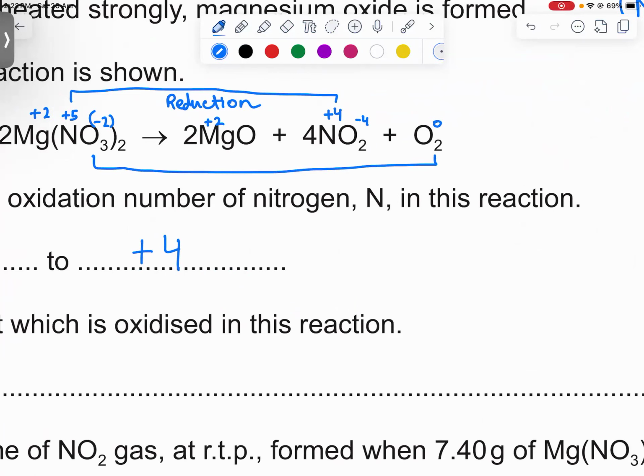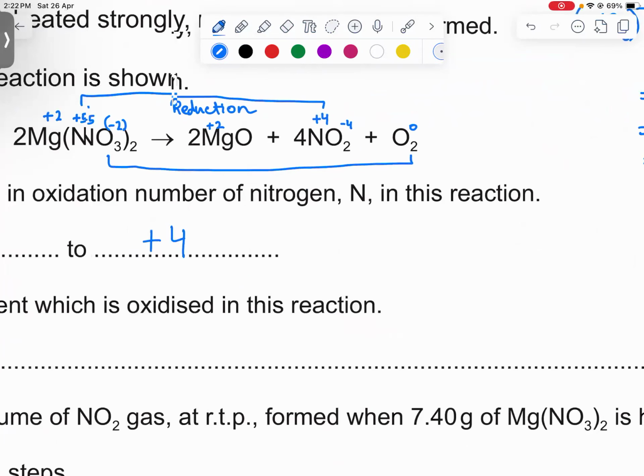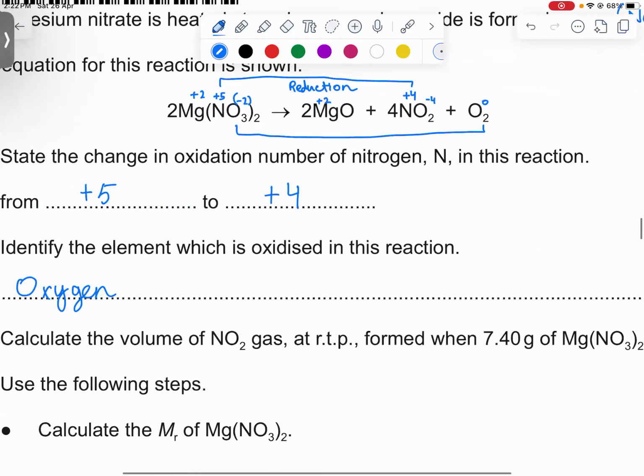The oxidation state has increased. Going from -2 to 0, the oxidation state has definitely increased. So we say the oxidation state increase is of oxygen. I hope that makes sense. I hope everything is clear. We shall move on now.